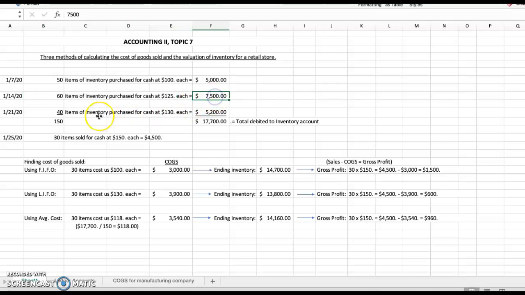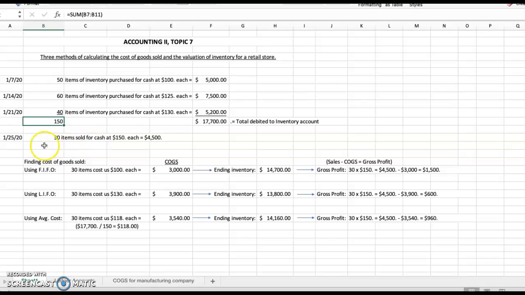So that purchase of inventory cost the store $7,500. On the 21st then, another 40 items were purchased, again for cash, this time even higher at $130 each, totaling $5,200. So the total amount bought during this accounting period, the month of January, is $17,700, and the store bought 150 items.